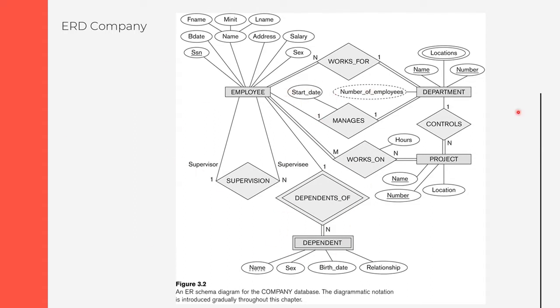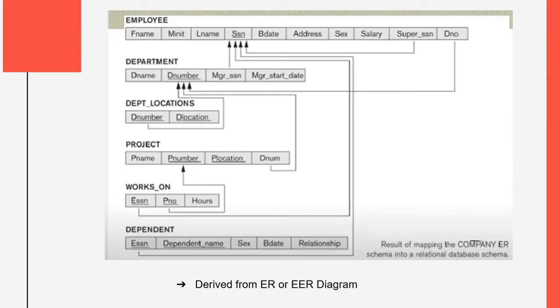Okay, so now let me proceed with the mapping. This is how the output will come from the ERD diagram, the result from the mapping of the company ER.